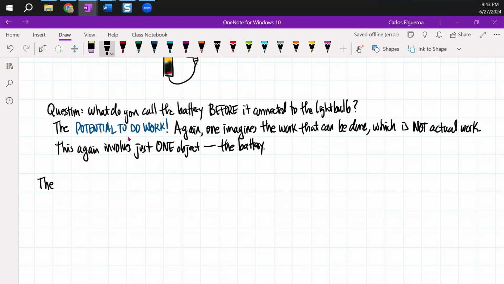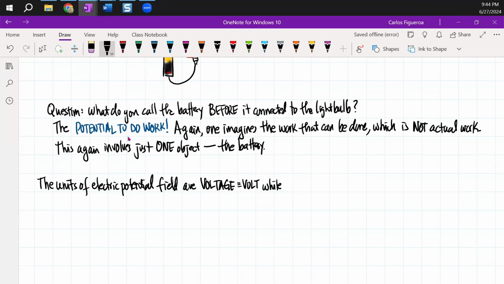The units of electric potential field are voltage. A lot of times we don't say the word voltage, we actually just say volt for short. So the units of electric potential field are voltage, while potential energy units are joules.